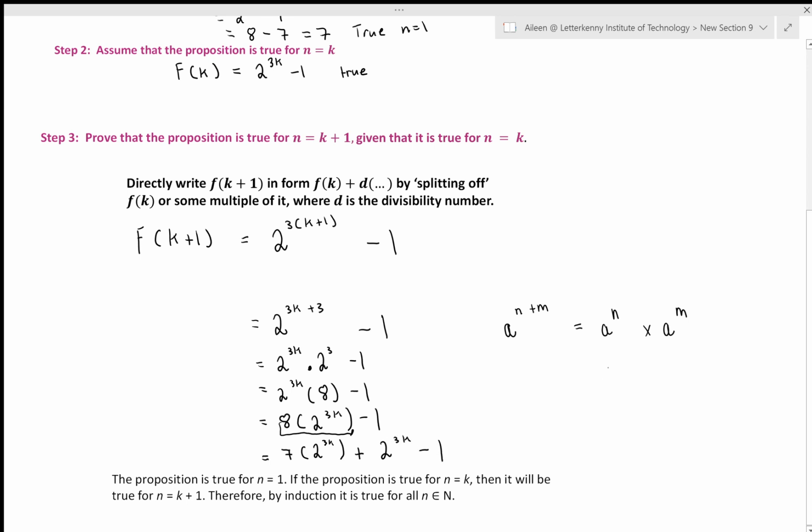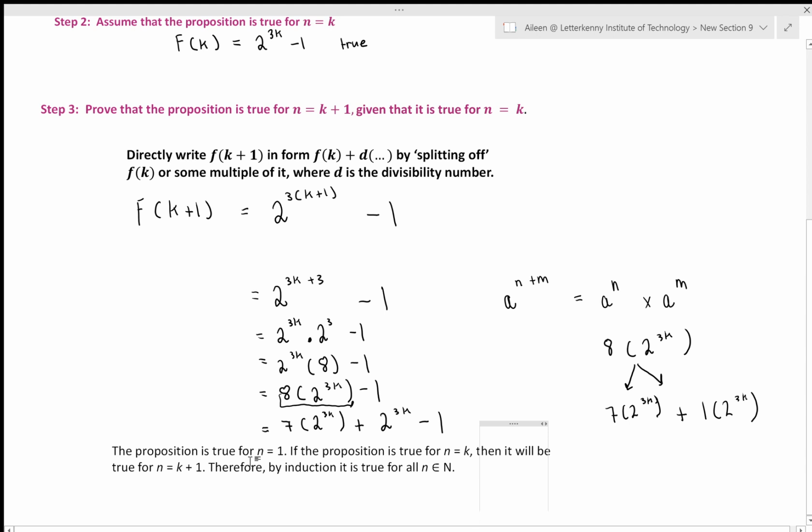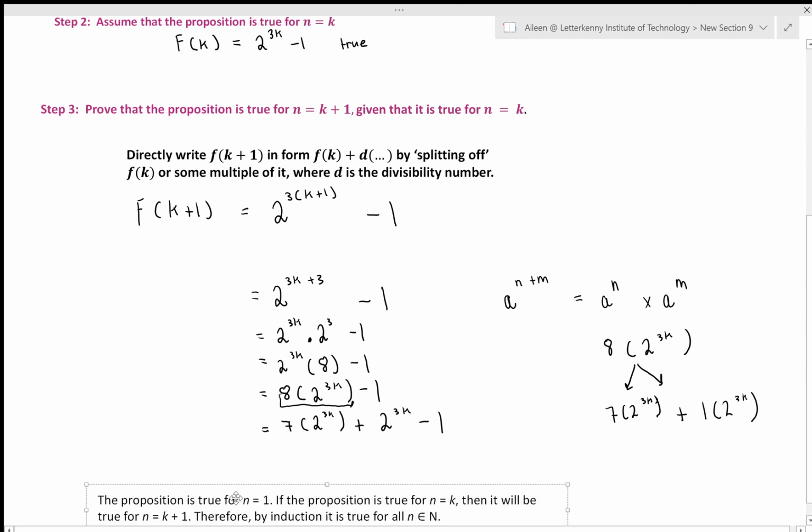So if you have 8 2 to the power of 3k's, you can split this into 7 2 to the power of 3k's plus 1 2 to the power of 3k's.